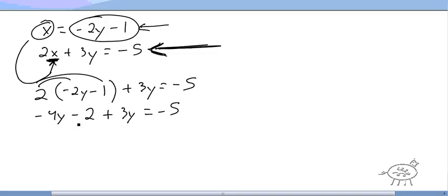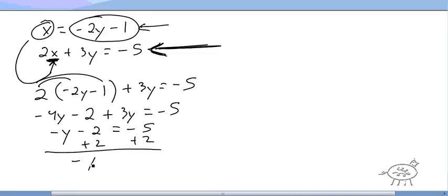Okay, combine like terms. So I get negative y minus 2 equals negative 5. I'm going to add 2 to both sides. I get negative y is equal to negative 3. Divide both sides by negative 1. I get y is equal to 3.